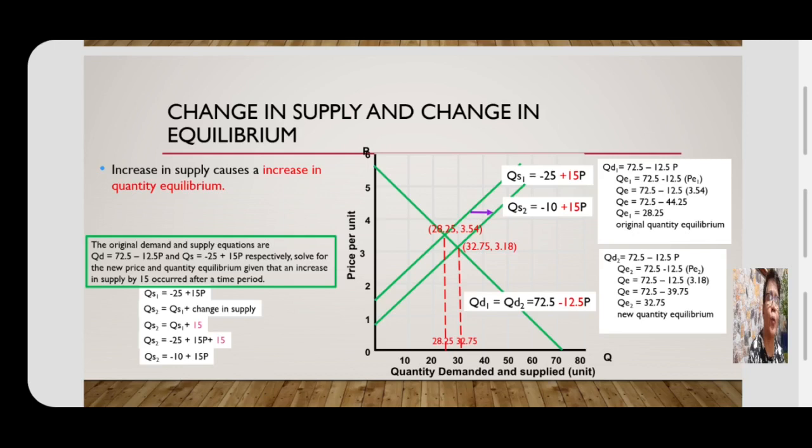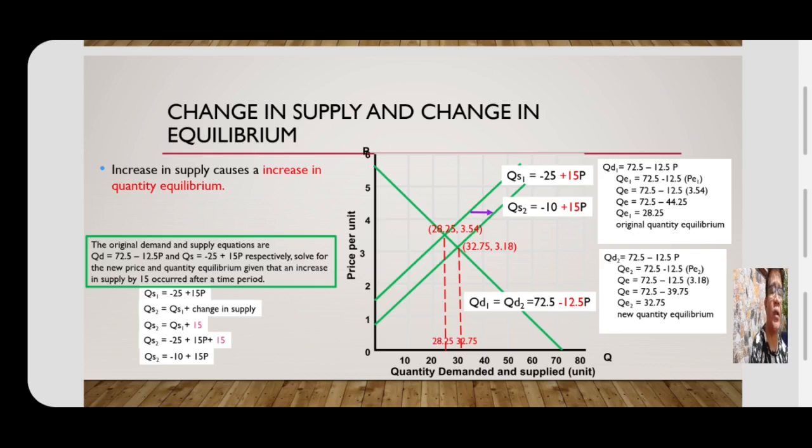And so we now have 72.5 minus 39.75, which will result to a value of 32.75. So 32.75 is our new quantity equilibrium. You notice that because of the increase in supply, the quantity equilibrium also has increased.